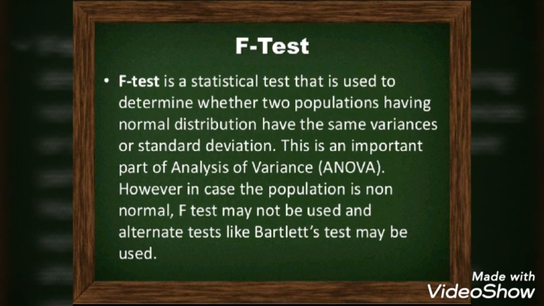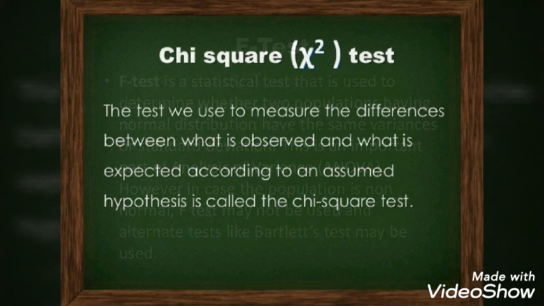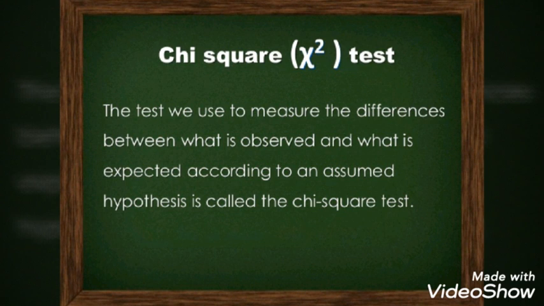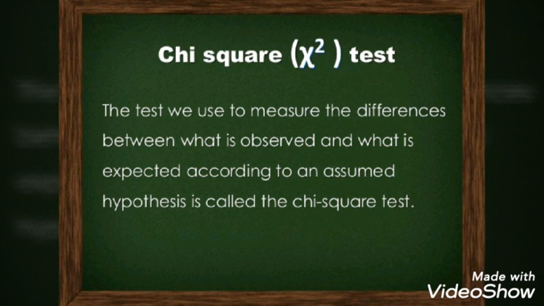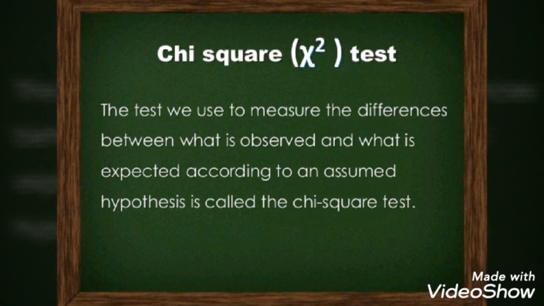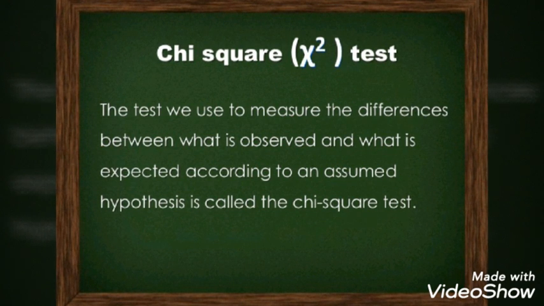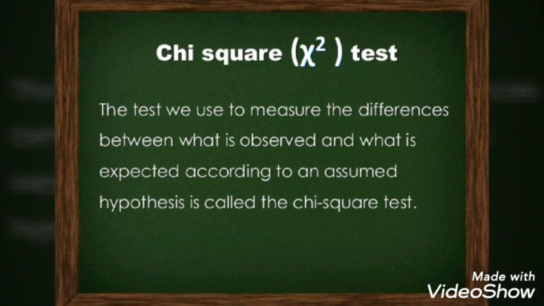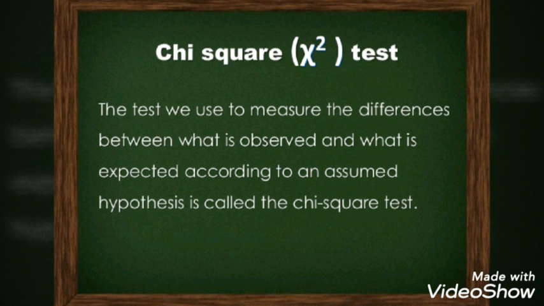Then there is the chi-square test. We have already seen this in the second last class. It is the test we use to measure the differences between what is observed and what is expected. So mainly we are using the chi-square value from the expected value and the result value. For example, you give an exam and you expect to get 8 marks out of 10, but you get 5 marks.